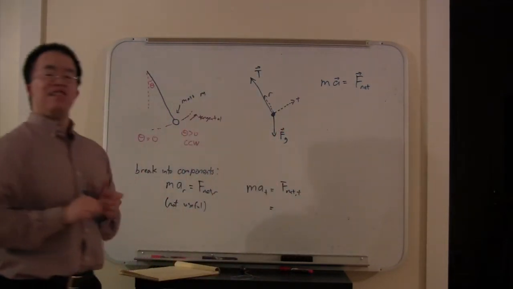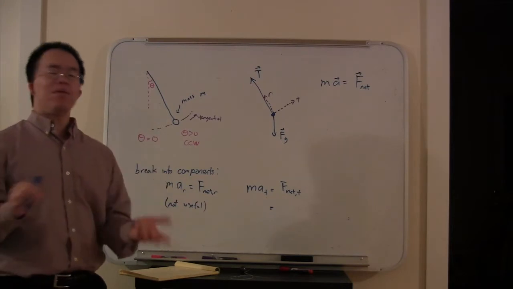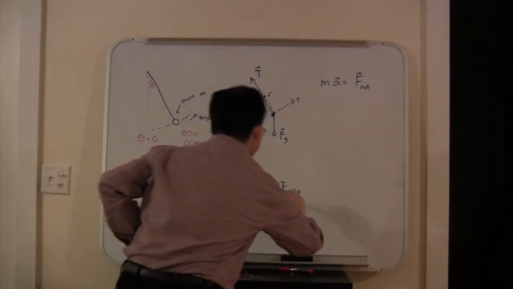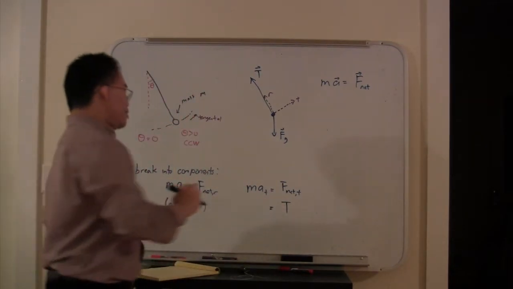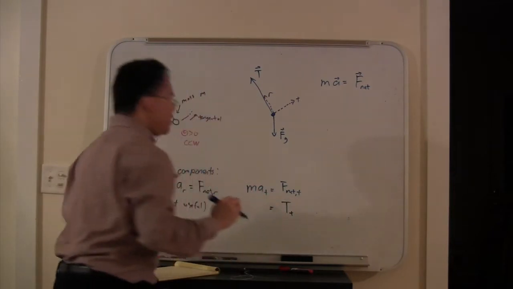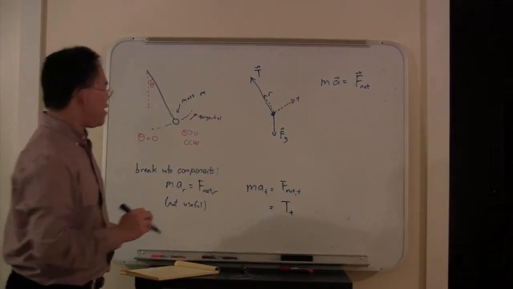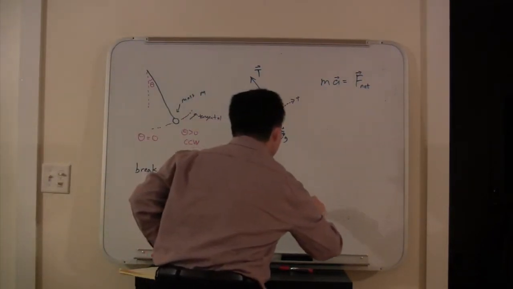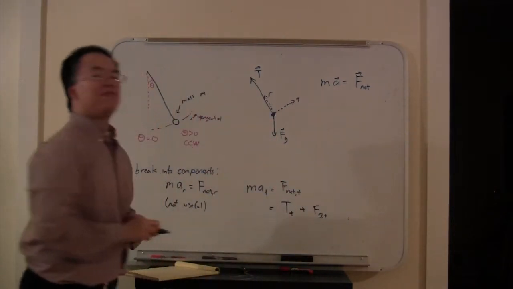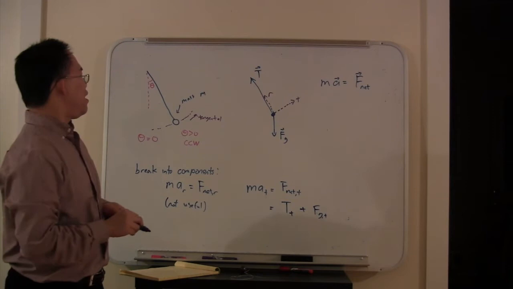Now, F net tangential means we have to sum up all the forces. So we've got to think about the tangential component of the tension, T sub T, as well as the tangential component of the gravitational force.